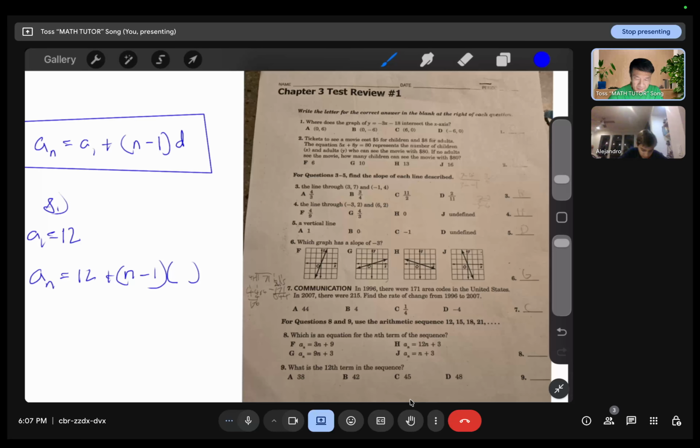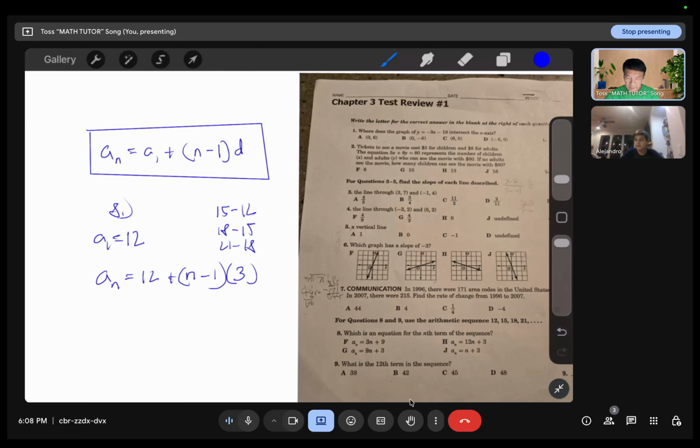What is it? It's 3. Yes, and you could see the rest of it also, right? The latter, subtract the prior. 15 minus 12, 18 minus 15, 21 minus 18, and so forth. They're all going to give you 3. That's good. Let's continue.